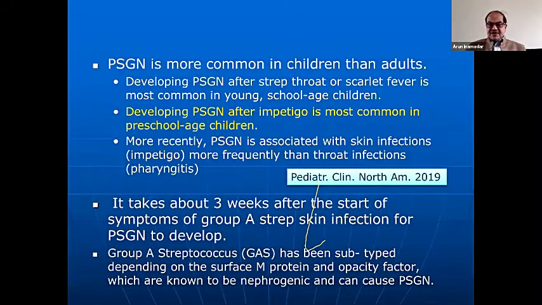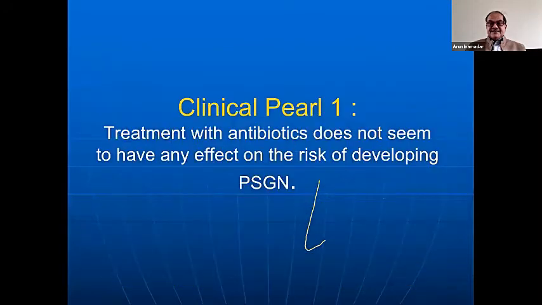And it takes about 3 weeks after the start of symptoms of group A streptococcal infection for PSGN to develop. And what is important is treatment with antibiotic does not seem to have any effect on the risk of developing post-streptococcal glomerulonephritis. This is the clinical part. You may say, I have treated, but still why has the child developed it? This is the reason actually.